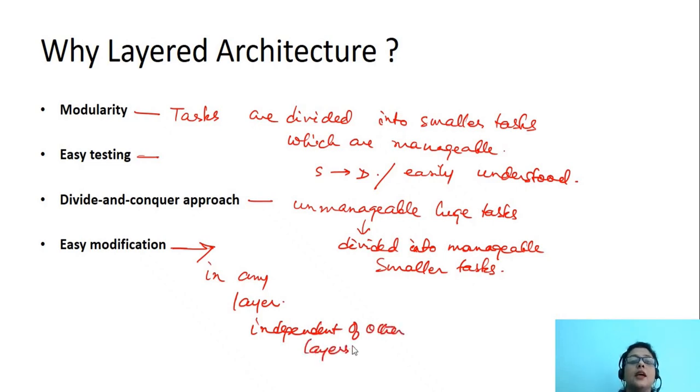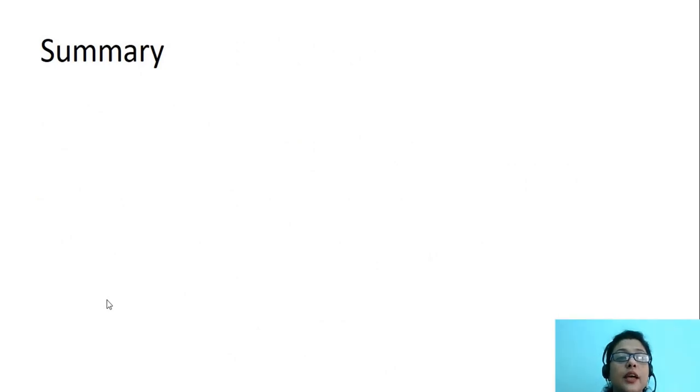So we can see the various reasons for layering architecture: modularity, easy testing, divide and conquer approach, and easy modification. Here we come to the end of this video where we have introduced OSI model.